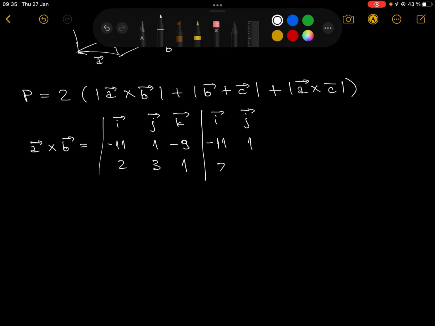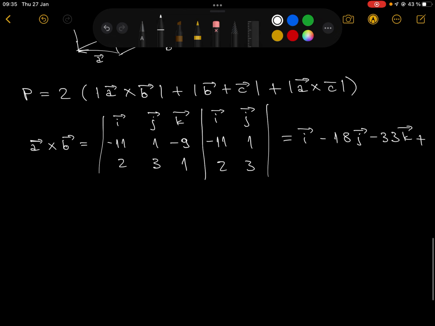So this is going to be I minus 18, J minus 33, K plus 2K, whoops, sorry, minus 2K.